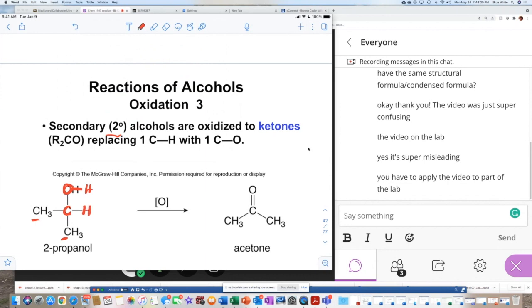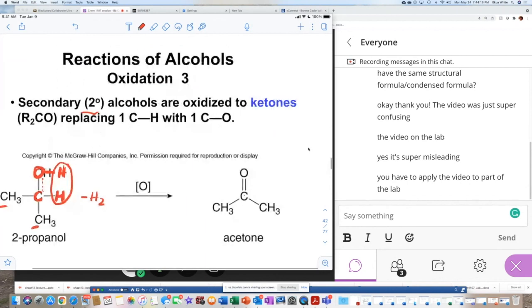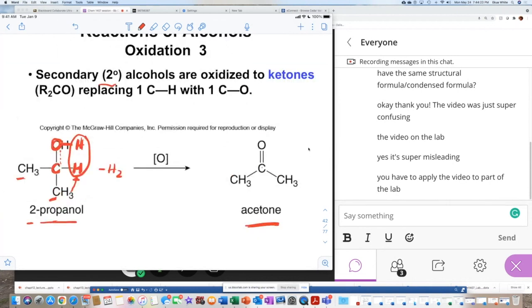These two are facing a loss of their hydrogen. That's the first step, right? We first of all lose two hydrogens. So these hydrogens go off together, and then the carbon and the oxygen get a second bond as a result of their loss. This group just comes up here to occupy the empty space, and we get acetone. So when you take 2-propanol, an alcohol, you get nail polish remover, acetone. Okay?